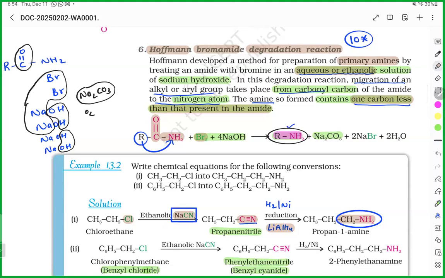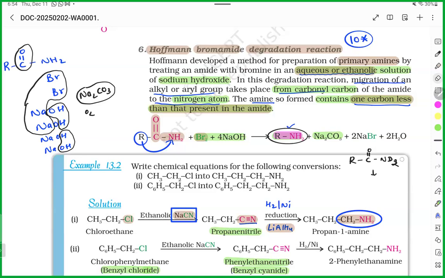Sir, RCONH2 with Br2 and 4 NaOH, and the answer was NH2. Yes, sir.